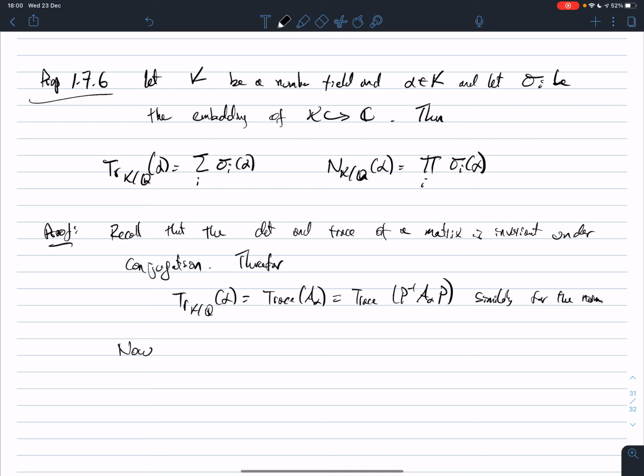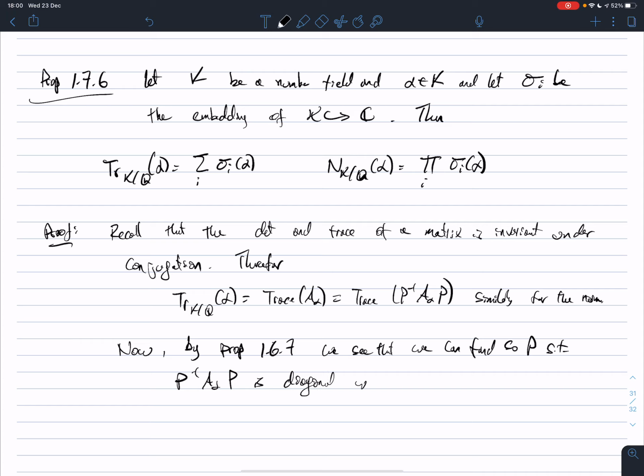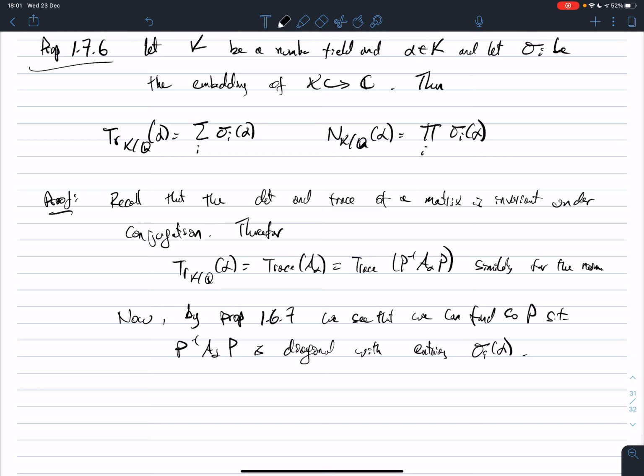Now just recall that last time we proved something about making A alpha diagonal by finding some P. So by proposition 1.6.7, we see that we can find some P such that P to the minus 1 A alpha P is diagonal with entries sigma i of alpha, and then once we know this, the result follows.